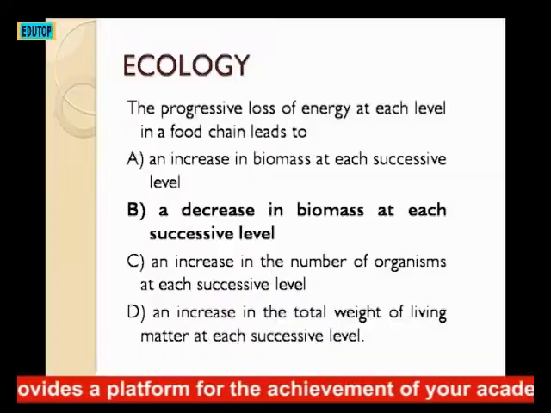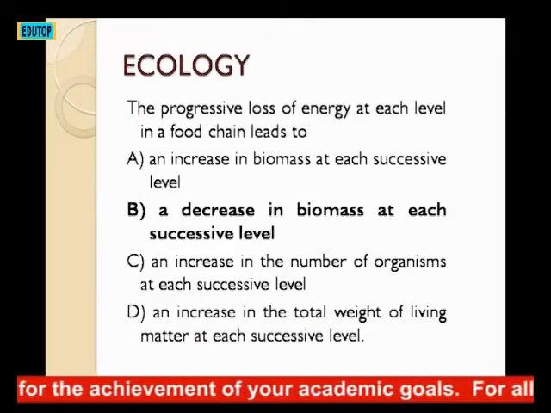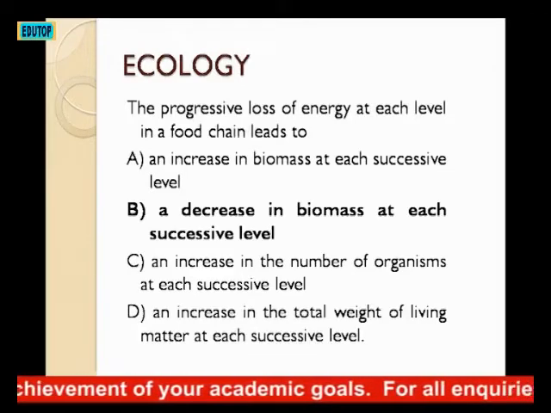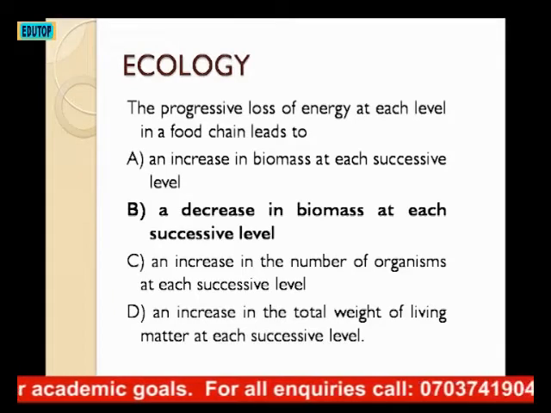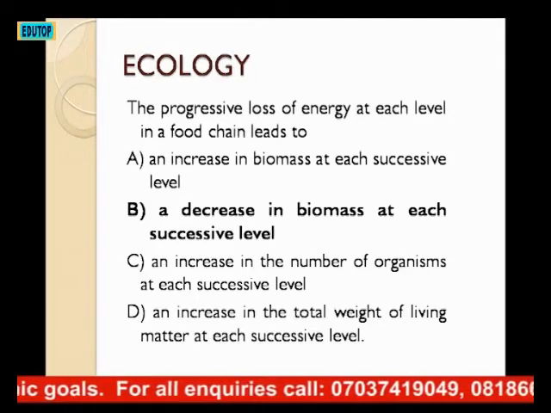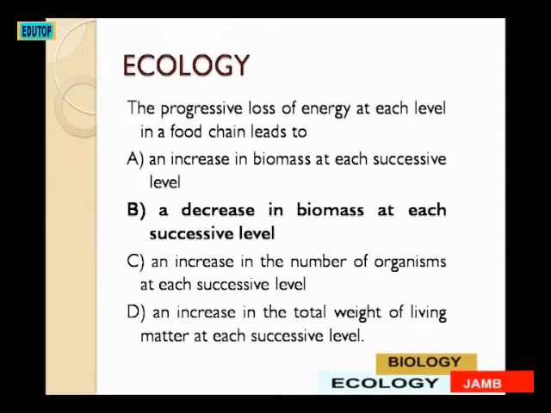The next question. The progressive loss of energy at each level in a food chain leads to what? A. An increase in biomass at each successive level. B. A decrease in biomass at each successive level. C. An increase in the number of organisms at each successive level. D. An increase in the total weight of living matter at each successive level.